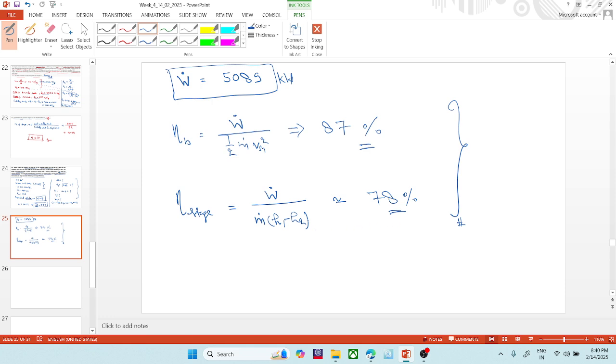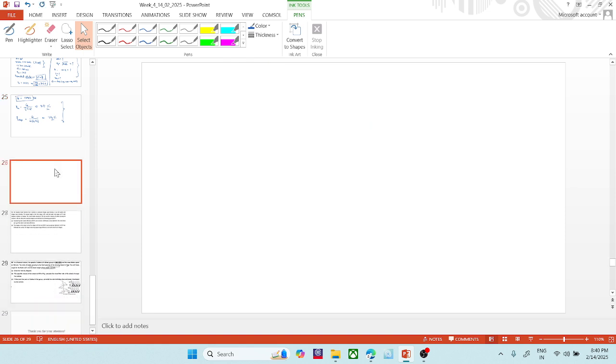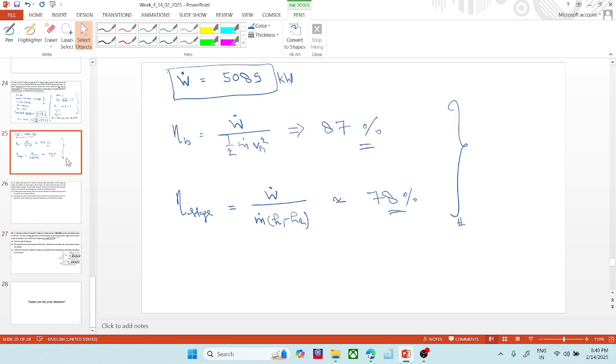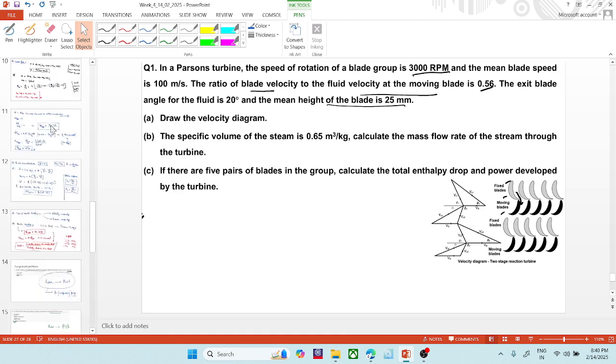So I request you to please try this problem, and if you have any doubt then we can discuss that. Also, we are having these two other problems in the classroom. So please follow the class lecture for them, and if you have any doubt in those problems, then we can discuss in the next class.